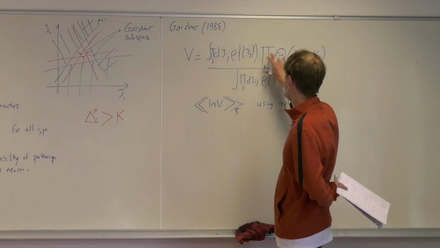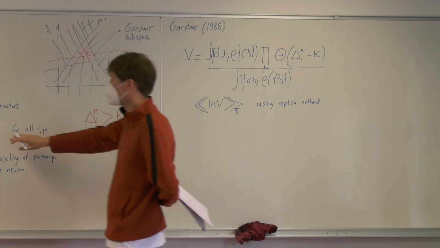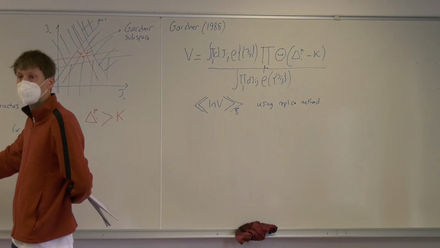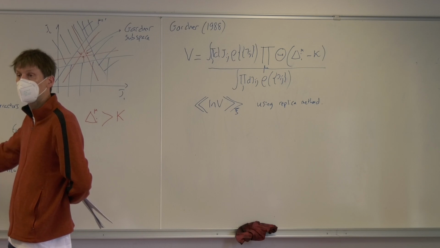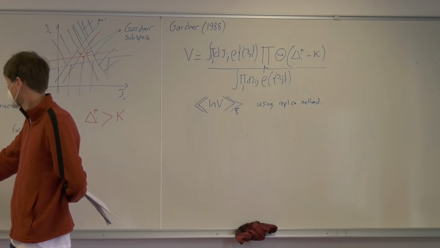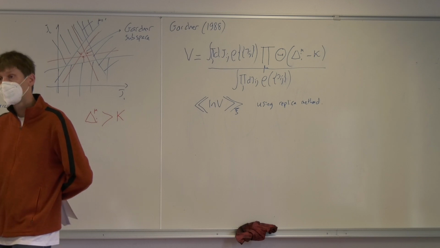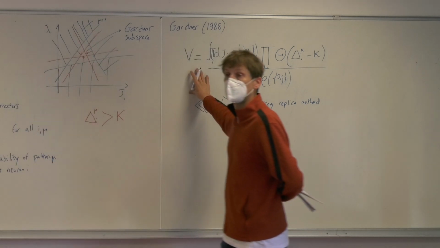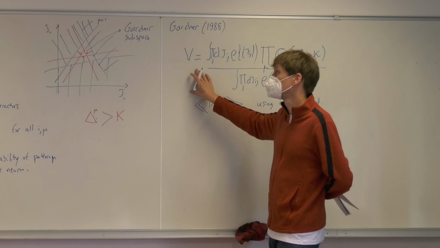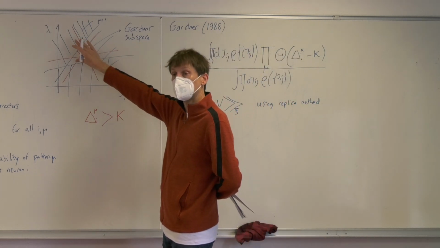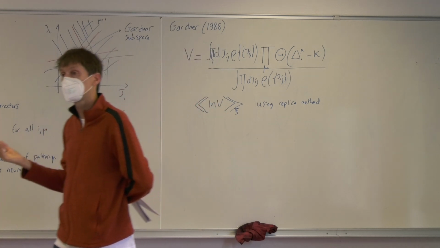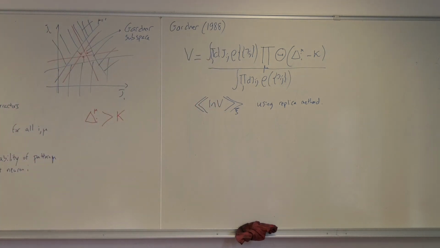Essentially, you can see that for each neuron i, there is a set of constraints that involves its own synaptic weights. Because these constraints only involve specific rows of the connectivity matrix. So for each neuron, we can compute this volume. That tells us the volume of the weight vectors of this particular neuron that satisfies all the constraints imposed by learning.